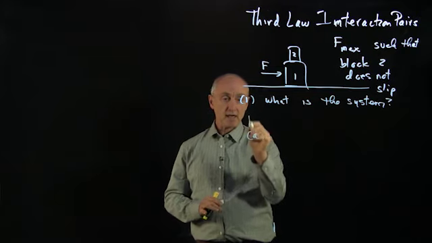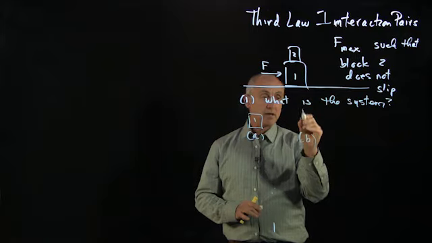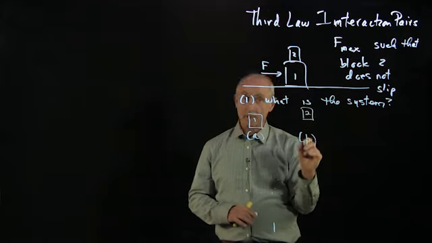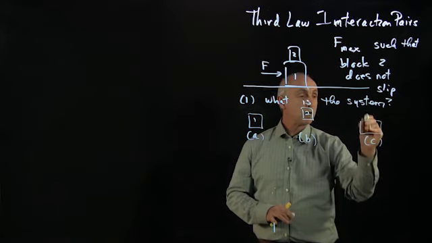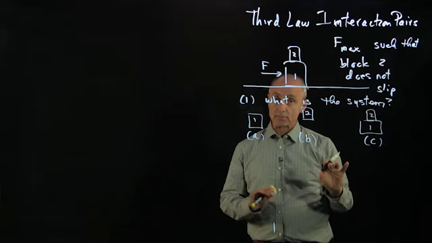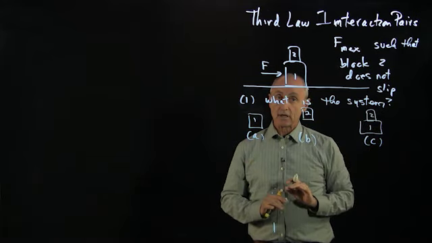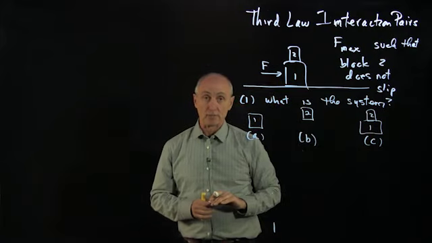So system A will be block 1. System B will be block 2. And system C will be blocks 1 and 2. And given these different systems, I can address different questions. And we'll see that as we develop this.